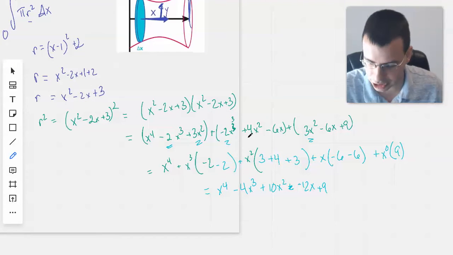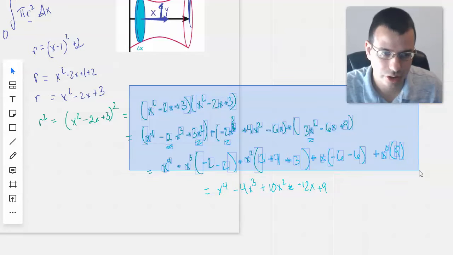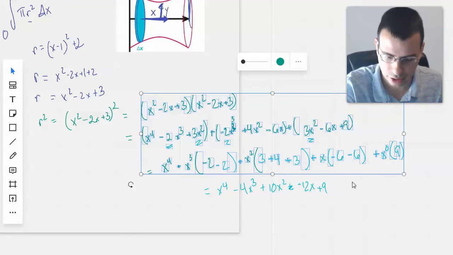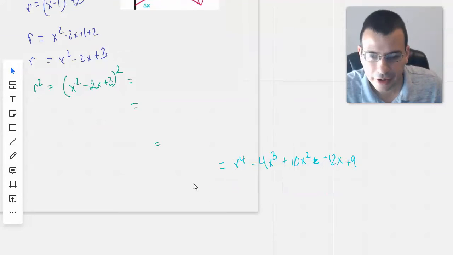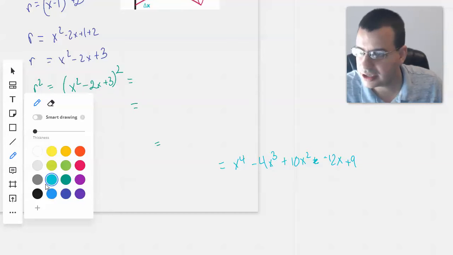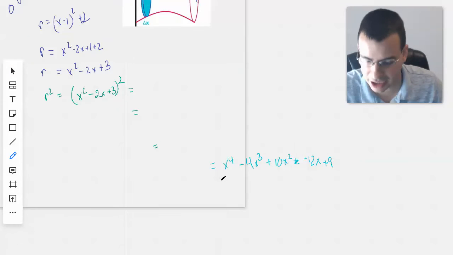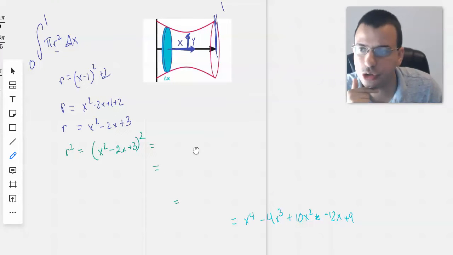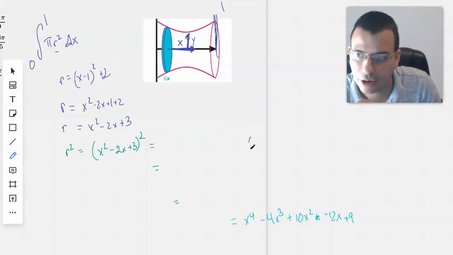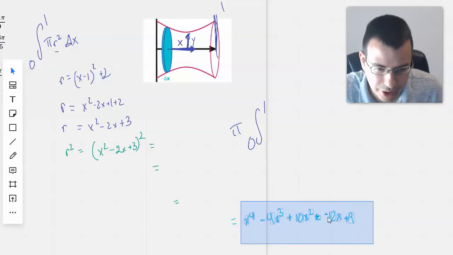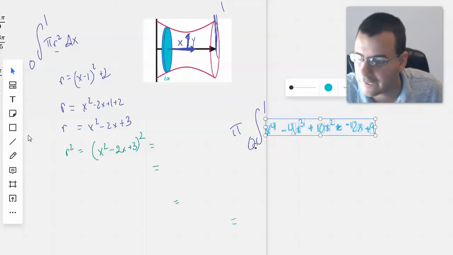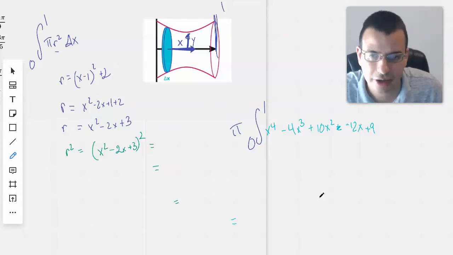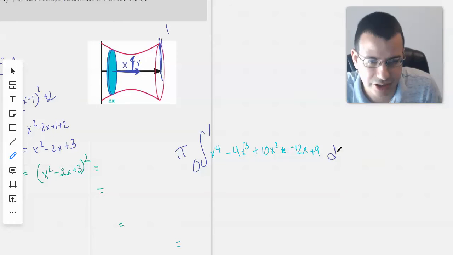I'm going to erase this abomination up here. Now we take this expression and do an integral from 0 to 1, moving the pi out front, with dx.